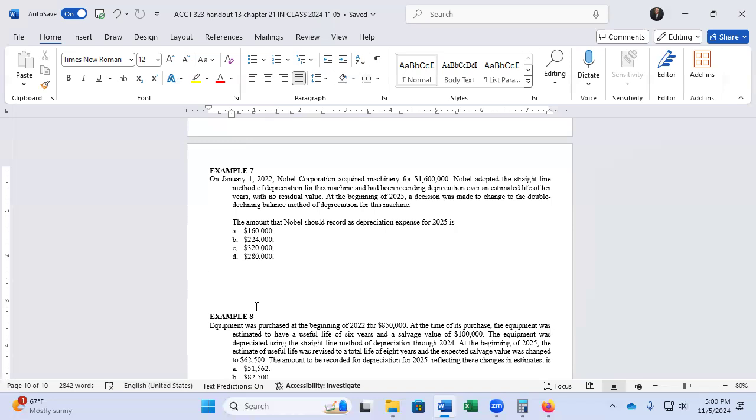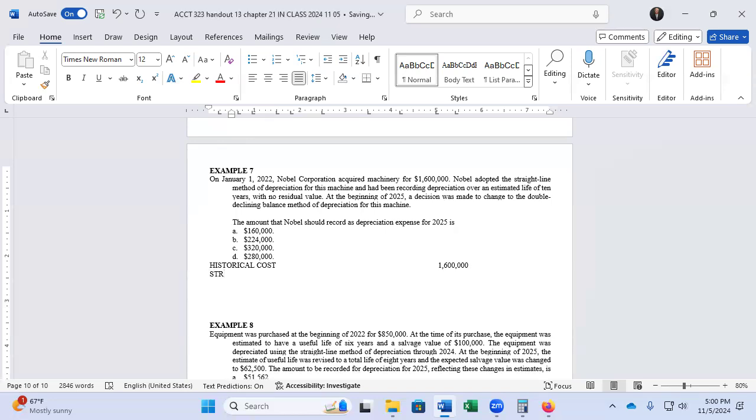So we had a historical cost of 1.6 million. We had straight line depreciation, and it was for 10 years with no salvage value. So our amount, 1.6 million, divided by 10.